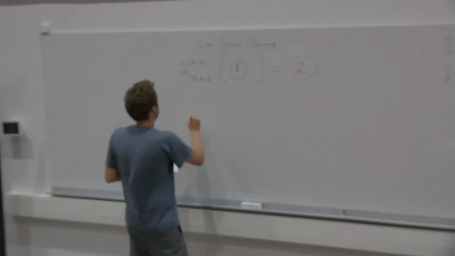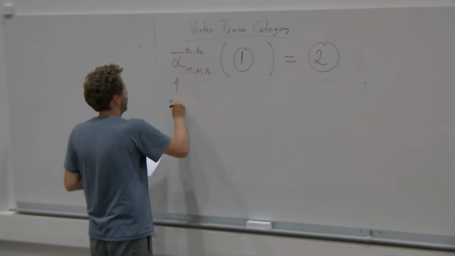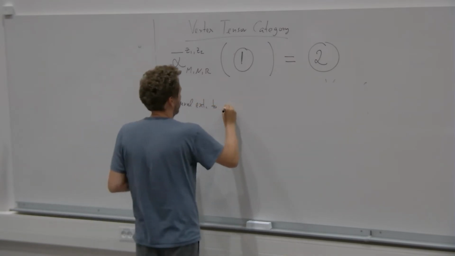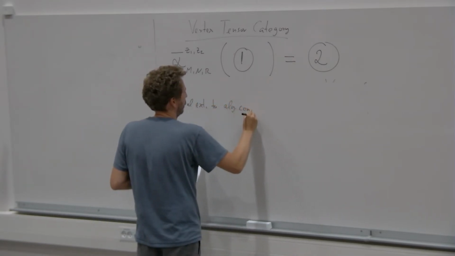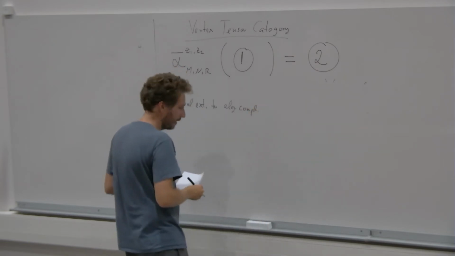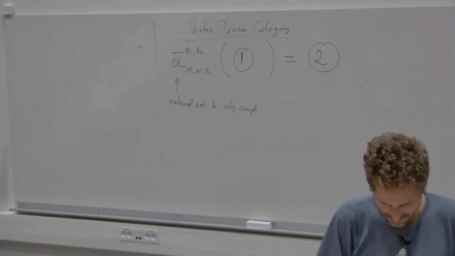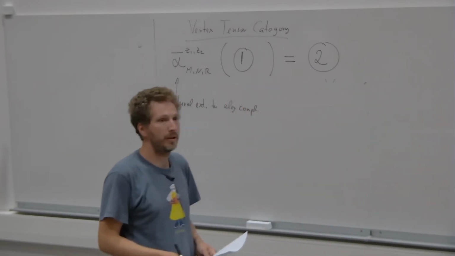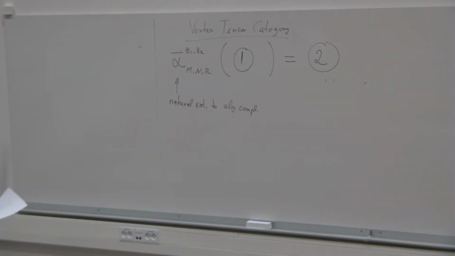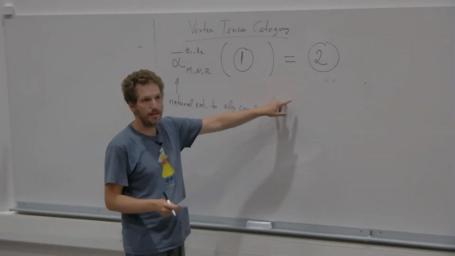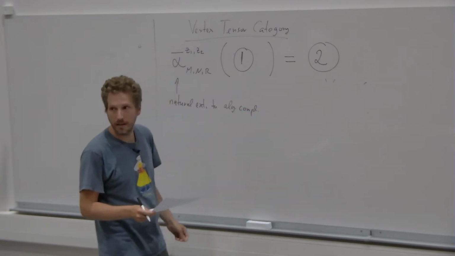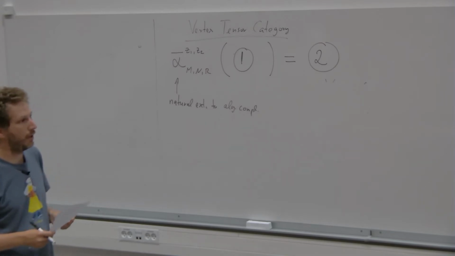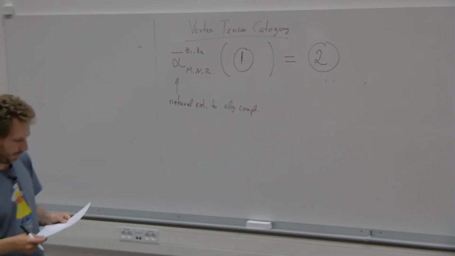So the statement is: if condition 1, the universal property of intertwining operators, and condition 2, associativity in this sense, hold, then the category C of VOA modules is a braided tensor category.